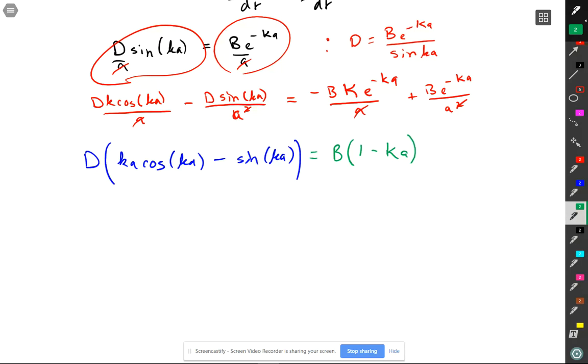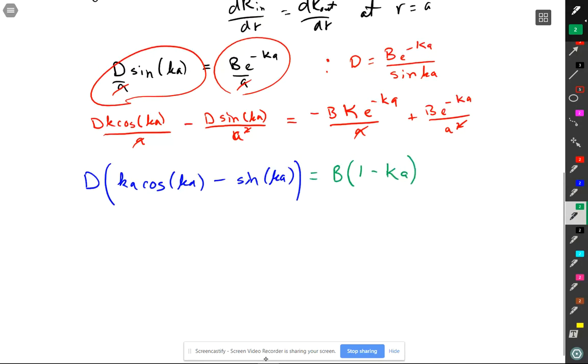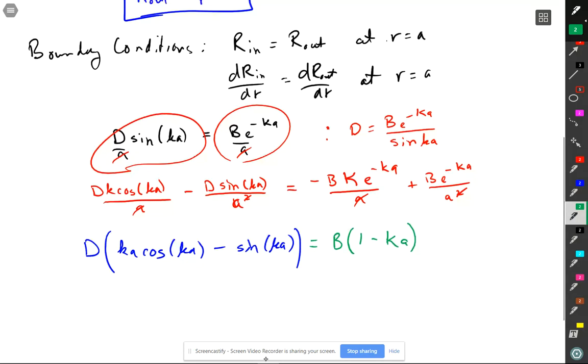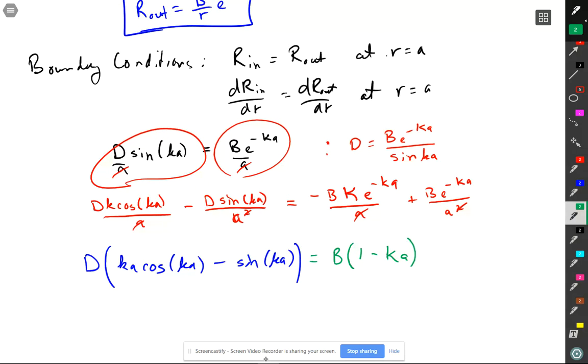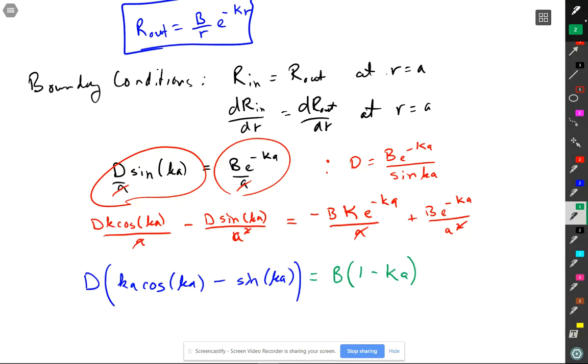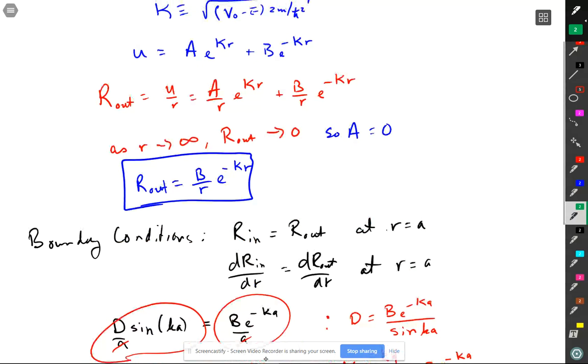Oh, I have a sign difference in my work here. When I take this, this is the first boundary condition, so I had d is equal to, well, where's my second boundary condition?